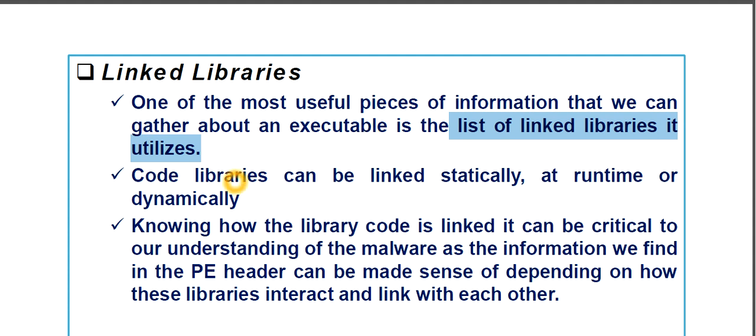Code libraries can be linked either statically, at runtime, or dynamically. I hope you all know the terms static time and dynamic time. Knowing how the library code is linked can be critical to our understanding of the malware, as the information we find in the PE header can be made sense of depending on how these libraries interact and link with each other.